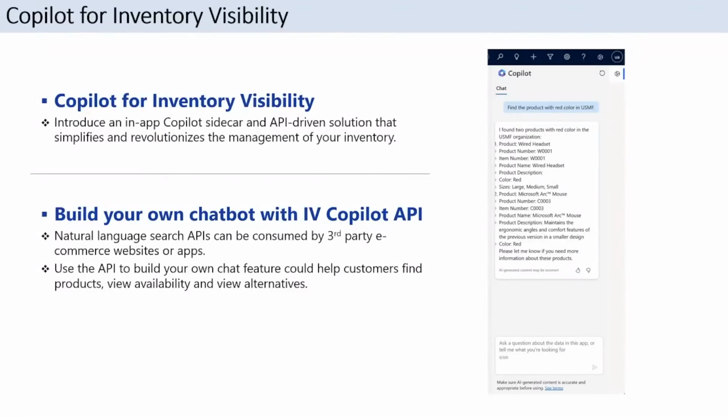It will significantly enhance your in-house built solution or website. In the following sessions, we have prepared some recordings on how to quickly build your own chatbot using the Copilot APIs in a very short time. Okay, so this is the Copilot for inventory visibility. The APIs are already in public preview, and the Copilot for inventory visibility sidecar will go into public preview very soon, by the end of January.